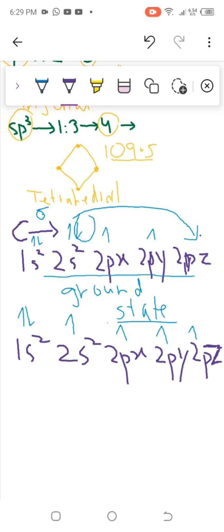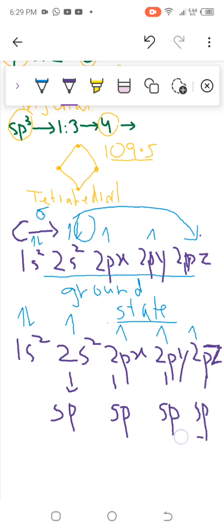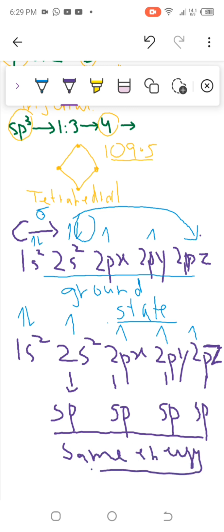After that, how does the hybridization take place? Here we have sp, sp, sp, sp. Like this, now they have the same energy. And as we know, hybridization can be formed when they have nearly the same or totally the same energy, right? So here the hybridization will take place as either sp2, sp1 or sp3.